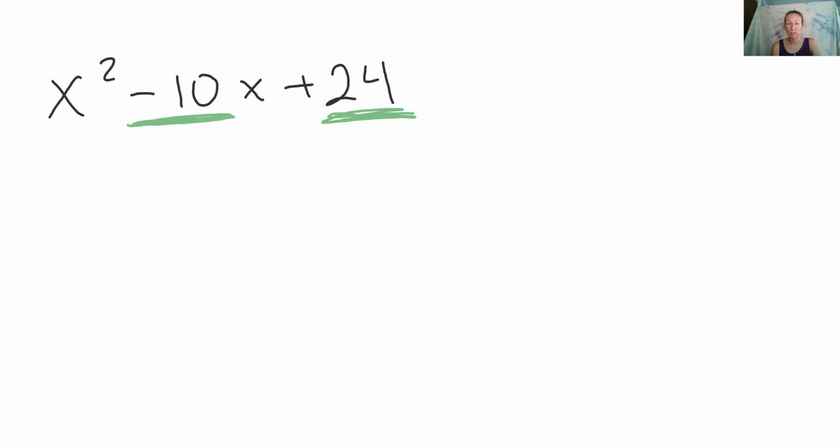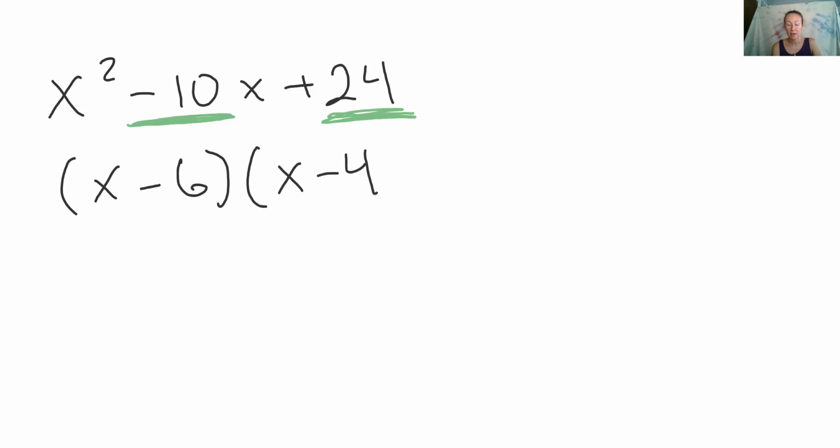If they're going to multiply to a positive number, then they both have to have the same sign. And if they're going to add to a negative number, then they must both be negative numbers. Okay. So in this case, those numbers are going to be -6 and -4.